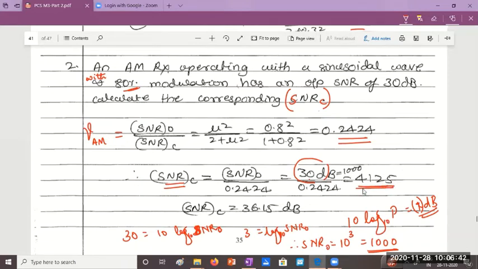Now again you can calculate this value back in decibels. You have to do 10 log 4125 to the base 10. I think you will get something around 36.15 decibels. So that is your input signal to noise ratio. Okay. Any doubts with this?